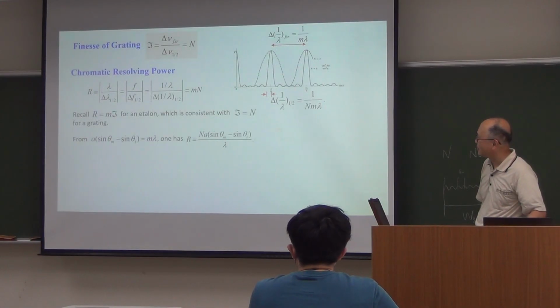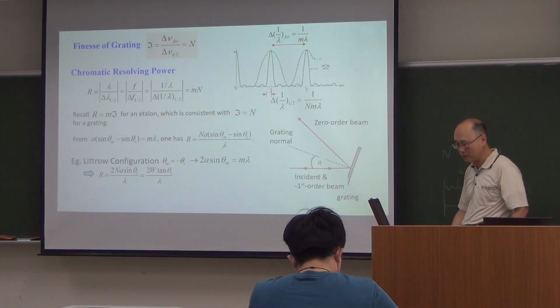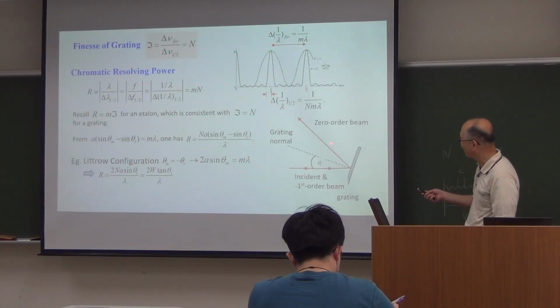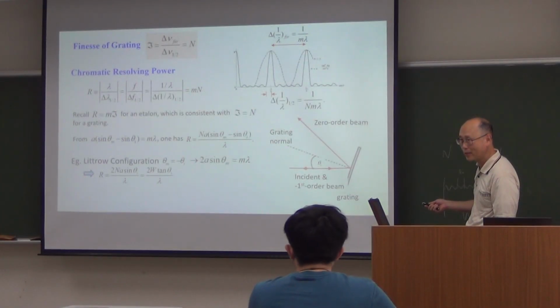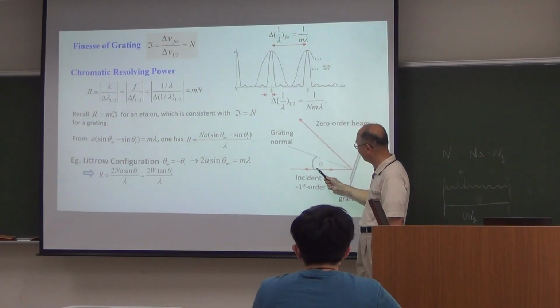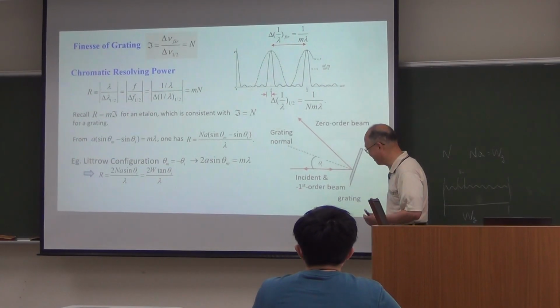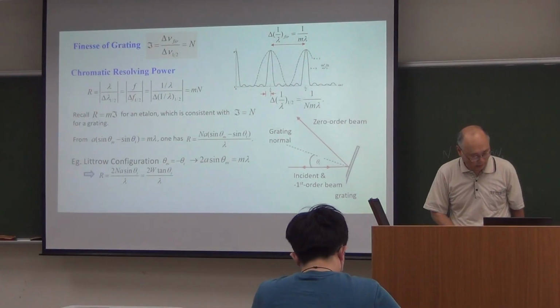All right. So specifically, let's build a spectrometer like this. If we use the Littrow grating, what do I mean by that? This is a zero order beam, where the incident angle equals the refracting angle.